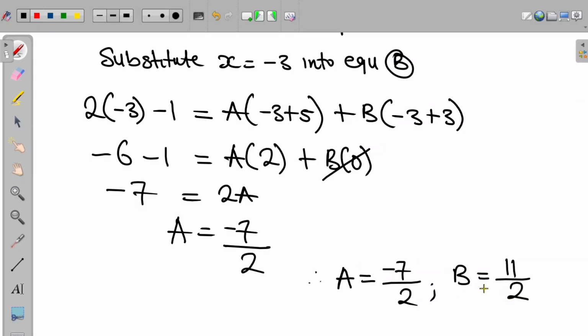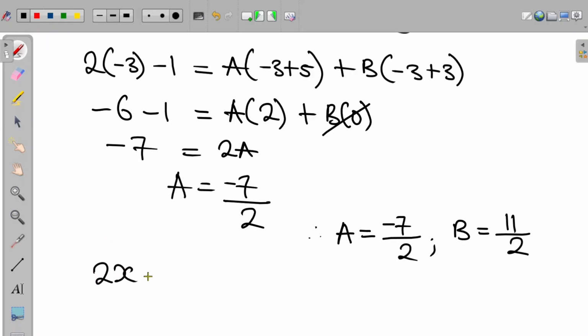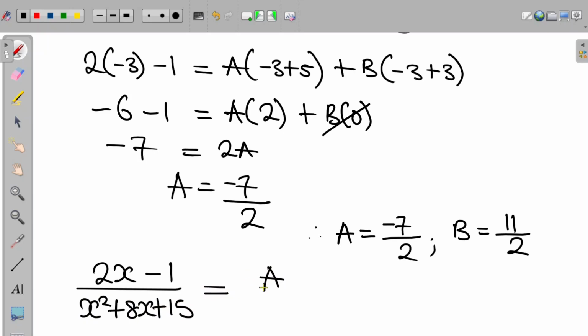At this point, we can substitute the values of A and B into our fraction. Recall that 2x minus 1 divided by x squared plus 8x plus 15 was resolved into A divided by x plus 3 plus B divided by x plus 5.